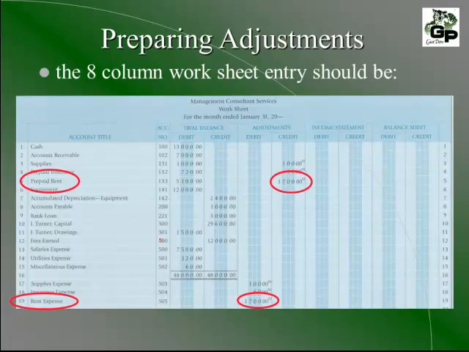On our worksheet, we have our third entry. If you look at the bottom, we have the rent expense, we have the account number, and we have the amount. This is the debit entry of $1,700. Up in the prepaid rent asset section, which originally had a value of $5,100, we have a credit entry now of $1,700.